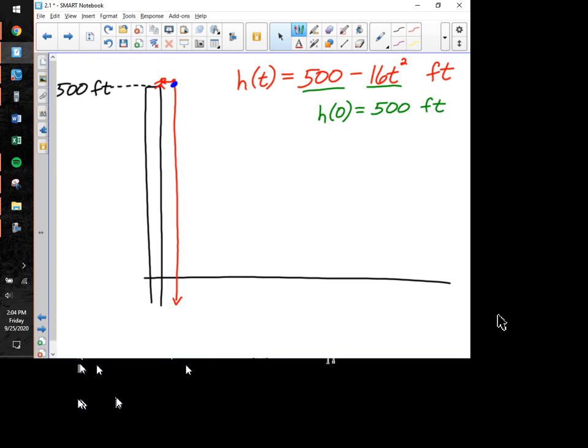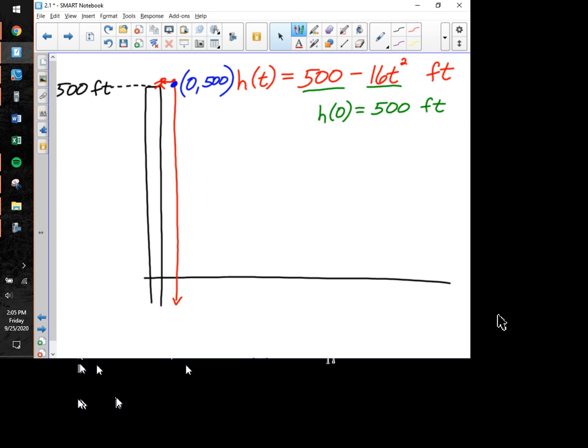And that ordered pair then is going to be our time value, which is 0, and our height value, which is 500. Sometimes people get confused as to whether to make that 0, 500 or 500, 0, and really it could work either way. But remember, guys, that the reason we normally put x first and then y is that x is usually called our independent variable.